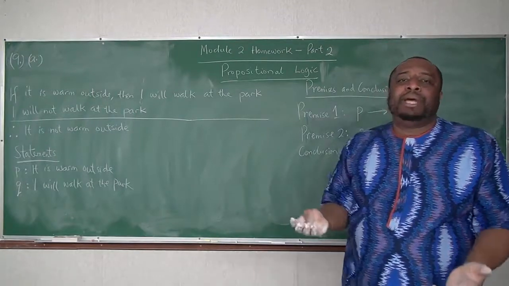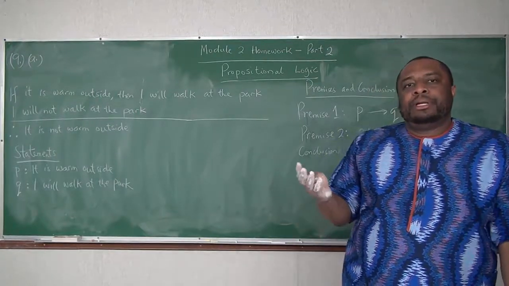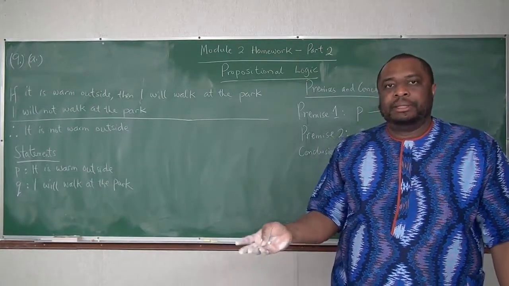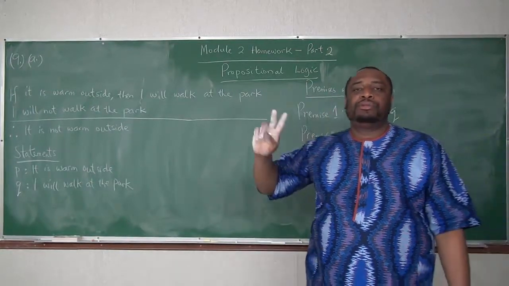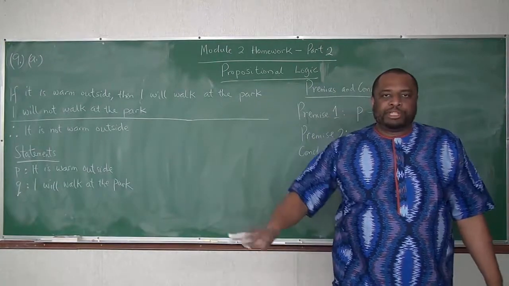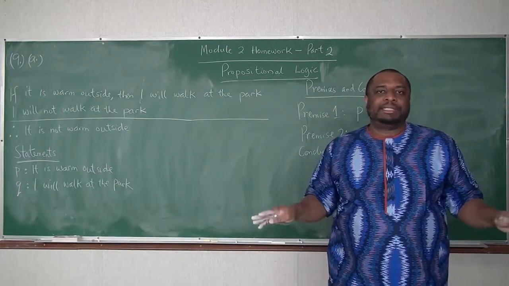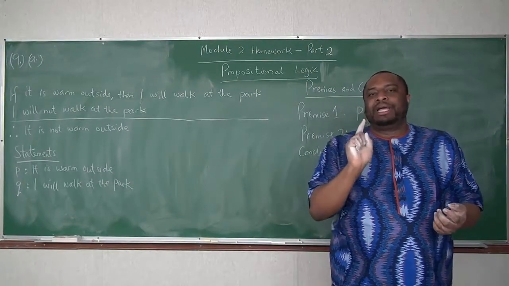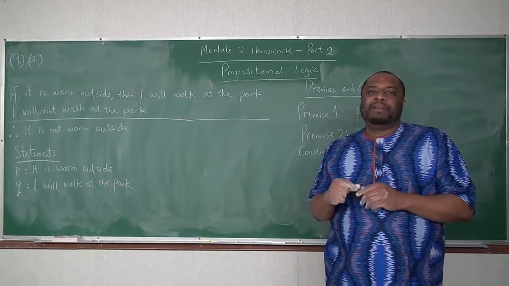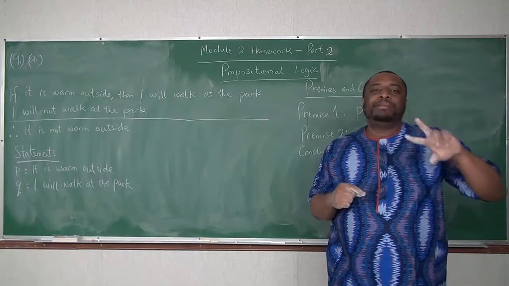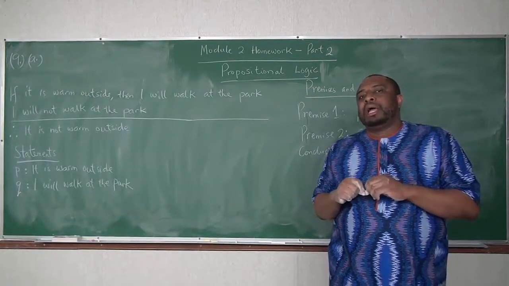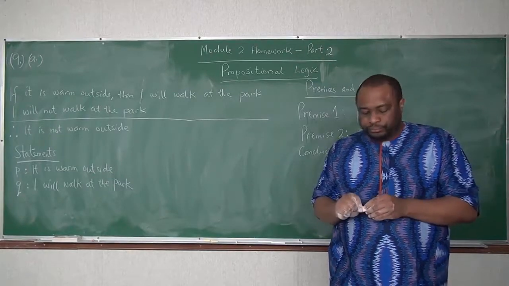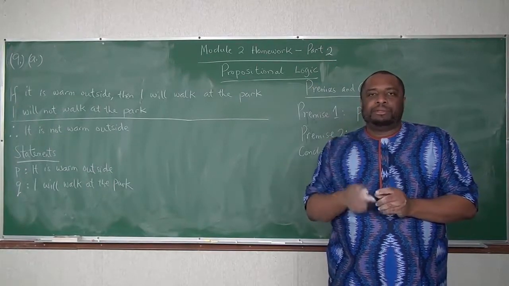A valid argument is an argument whose conclusion necessarily follows from its premises. If both premises are true, the conclusion must be true in all the cases. That means the argument is valid. If you have at least one case whereby both premises are true and the conclusion is false, argument is invalid.